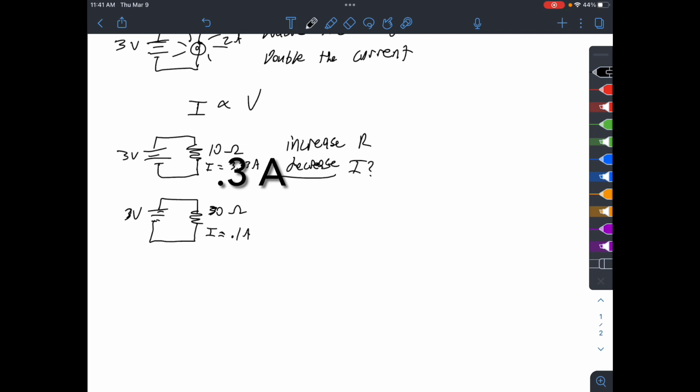It would get less. I increased R, I decreased I. This relationship, if we were to write it out, would look something like this. Because as R increases in the denominator of our 1 over R, this value overall gets smaller, which is what happens to I. So this is an inverse relationship.